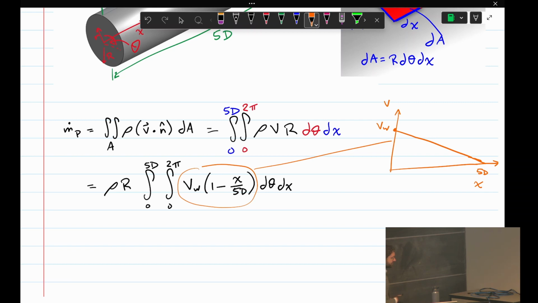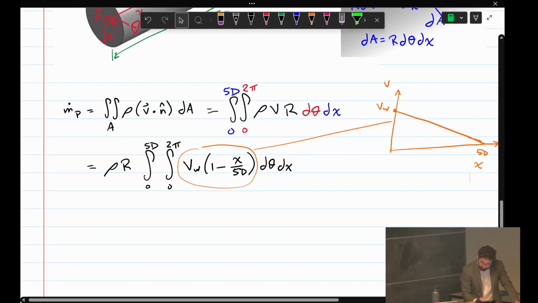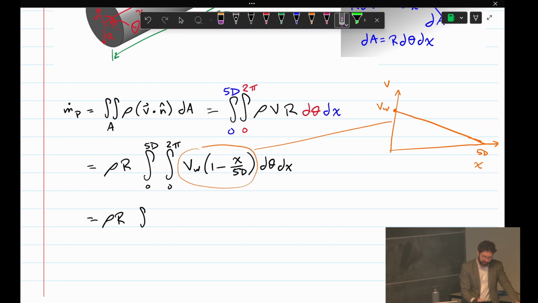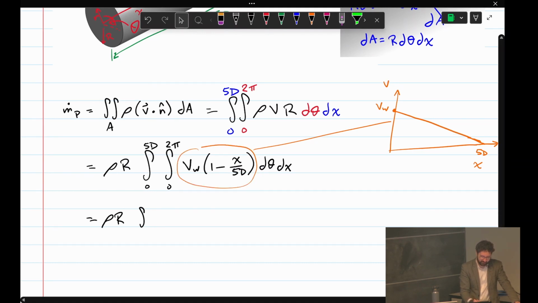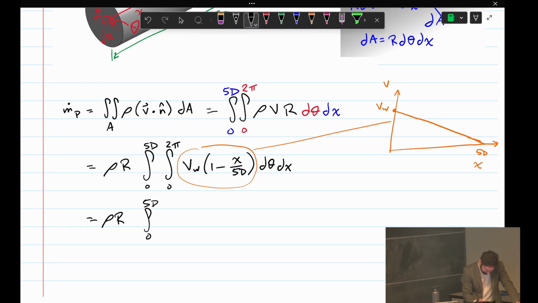Okay, so this integration then. Remember, our velocity profile is constant with respect to theta, so we don't have to integrate anything with respect to theta. We can just pull that 2 pi out.